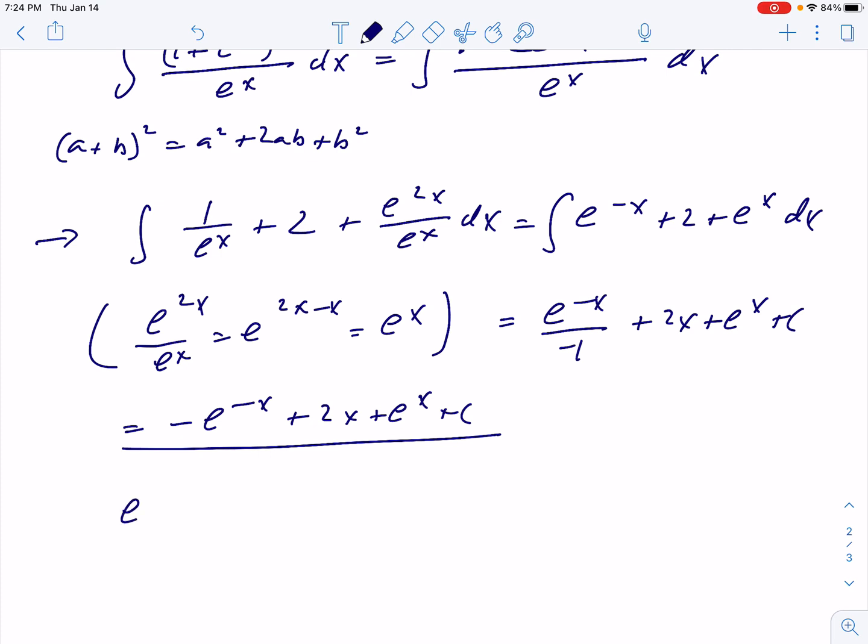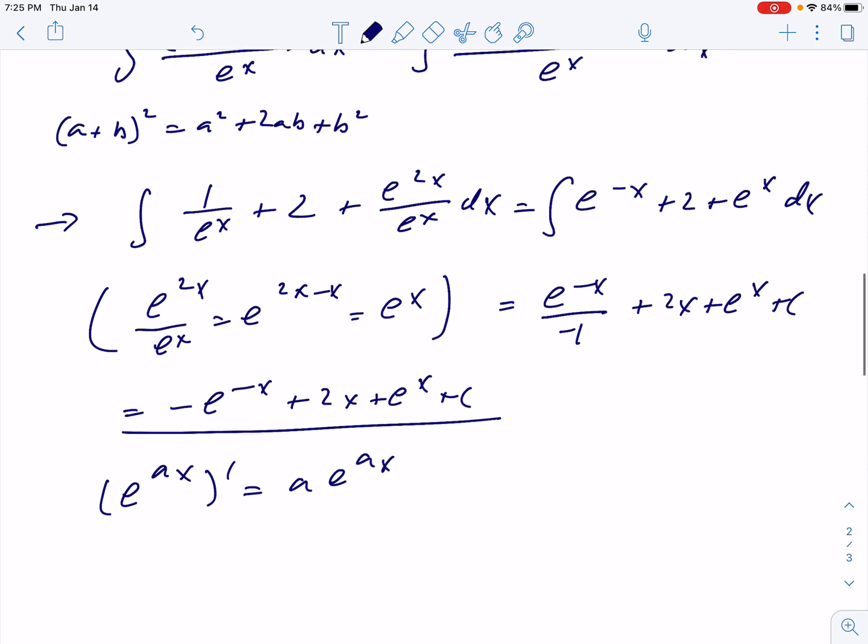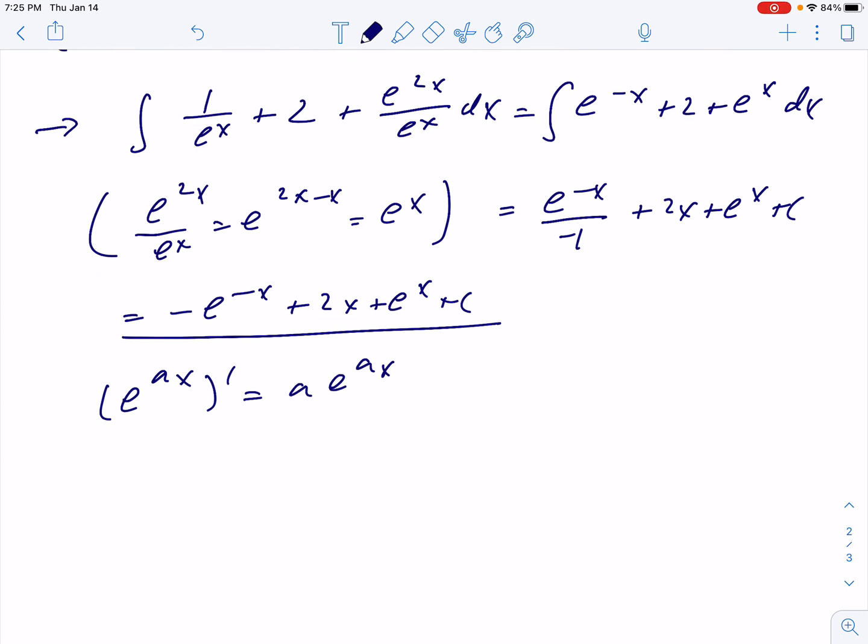Okay. Now, about this first integration. Remember that if we have the exponential e^(ax), a some constant, the derivative will be the constant in front, times exponential e^(ax). If we integrate e^(ax) dx, whatever constant a is, this will be e^(ax) divided by this constant, plus c.